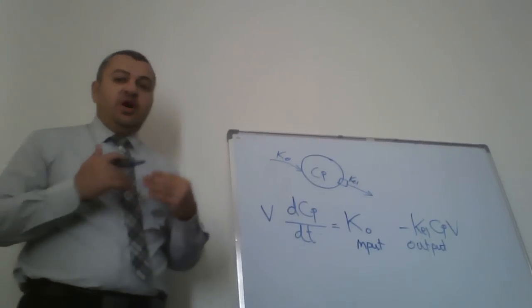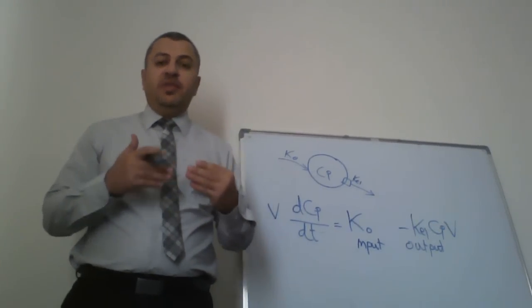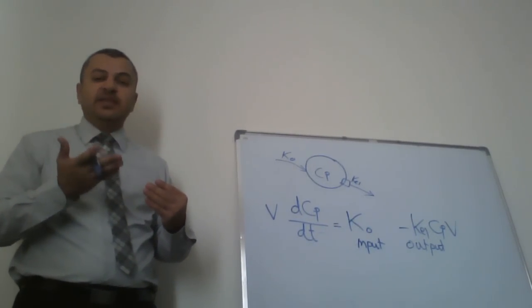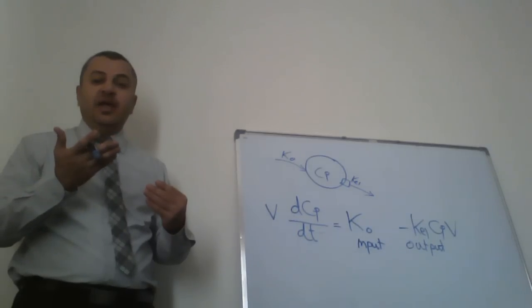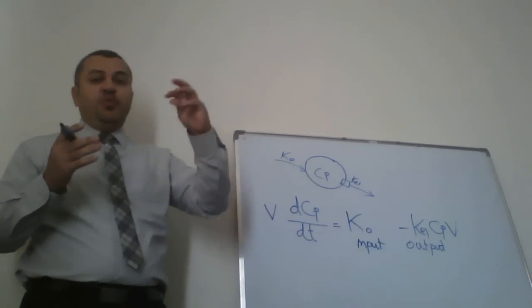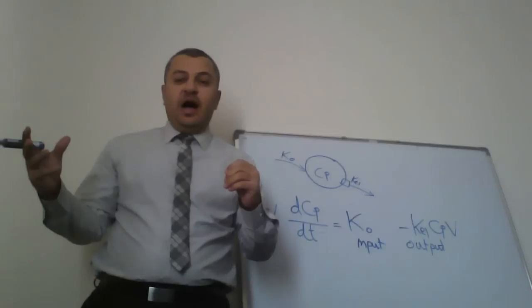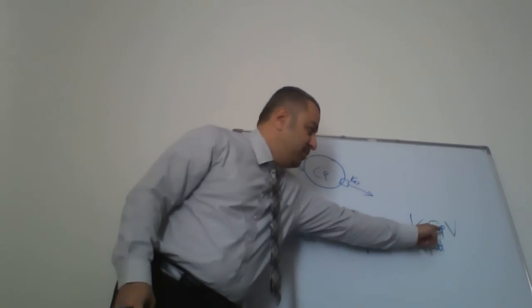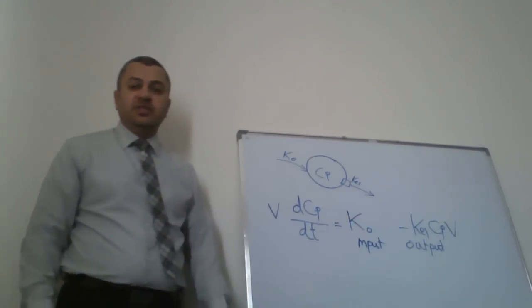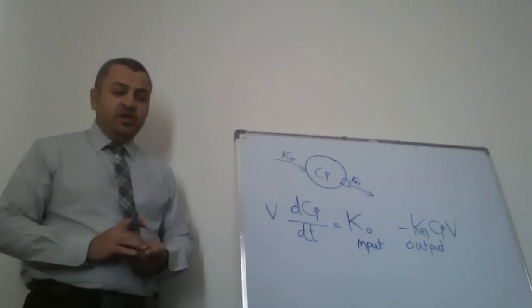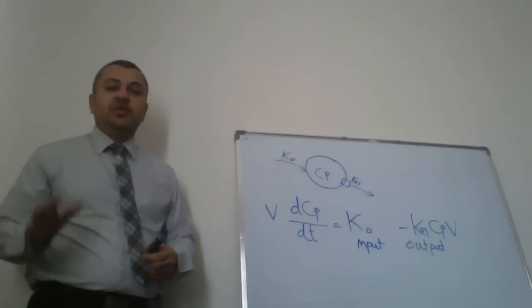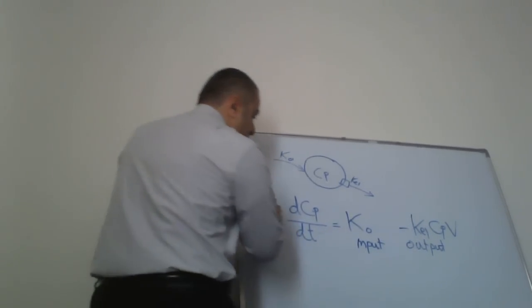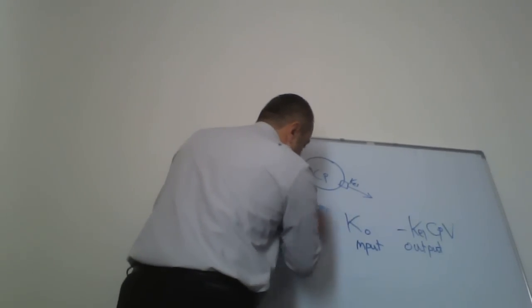So yes, you are adding drug to the body, but with time, the rate of elimination will start to increase until the input is equal to the output, until KEL Cp V is equal to K0. At that time, you are reaching the steady state.